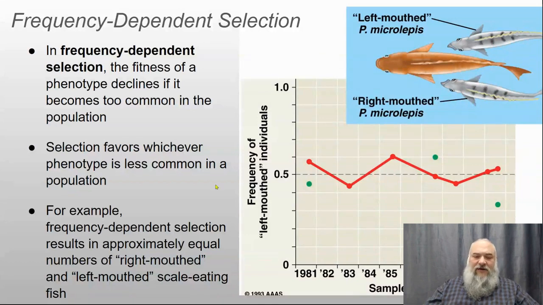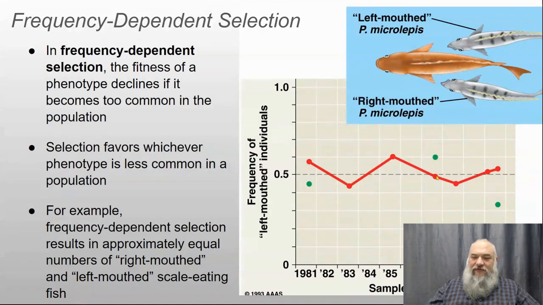The interesting one here is this type of fish that feeds on the scales on the side of other fish. Now you see some of them have the mouth on the right side of their head and some of them on the left side. That means these guys can feed over here, but they can't feed on this side, and vice versa.